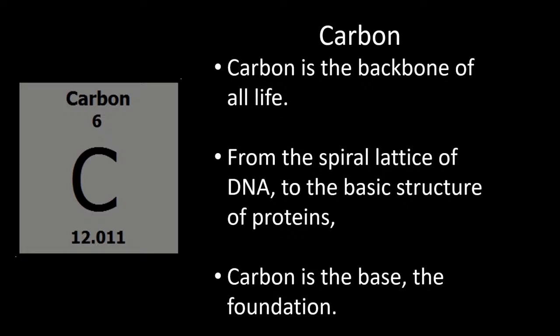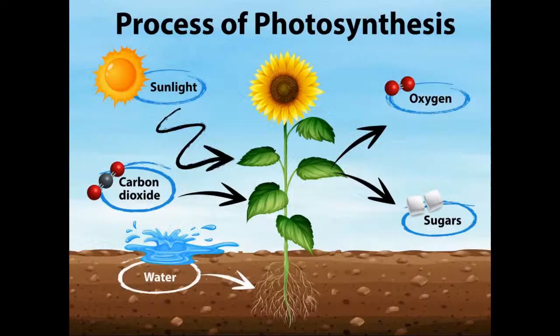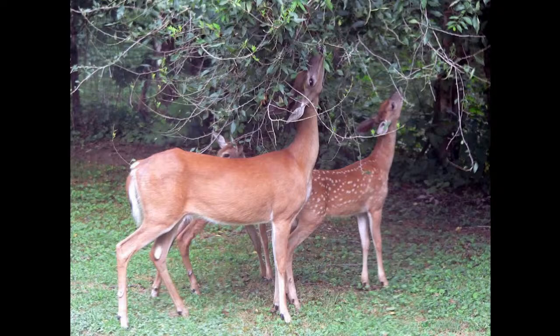When plants perform the magic of photosynthesis to grow the biomass of their bodies, what they are doing is taking in carbon dioxide from the air and using the energy of sunlight to incorporate the carbon from that carbon dioxide into their bodies and to return the oxygen back to the air. When animals consume these plants, they are incorporating the carbon that the plants took in from the air.